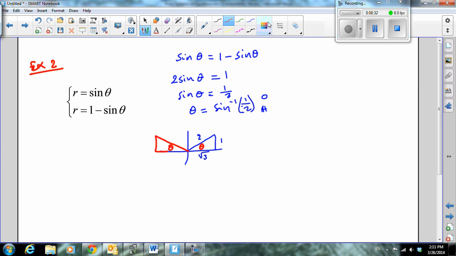So what are my two solutions? Because this is pi over 6, the first solution is theta equals pi over 6 plus 2 pi n, or theta equals 5 pi over 6 plus 2 pi n. Now, so far I can see two solutions, but I still don't know what r is yet.